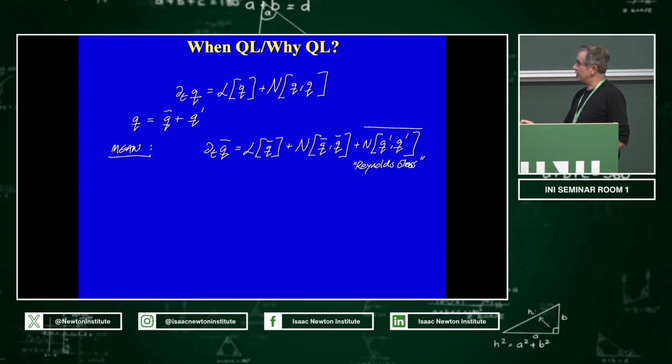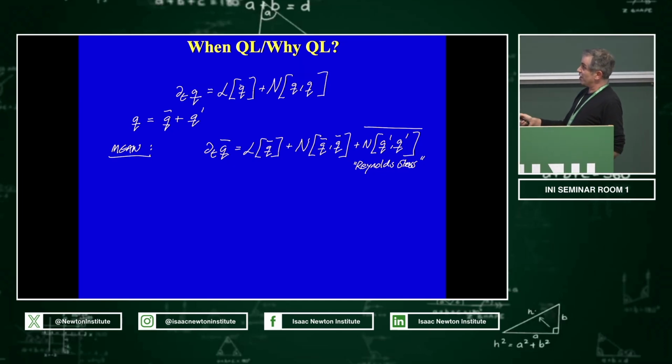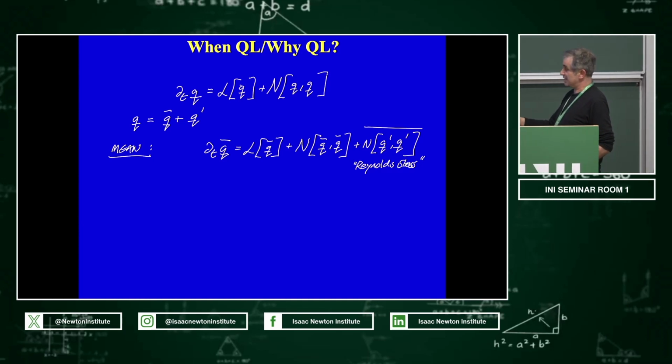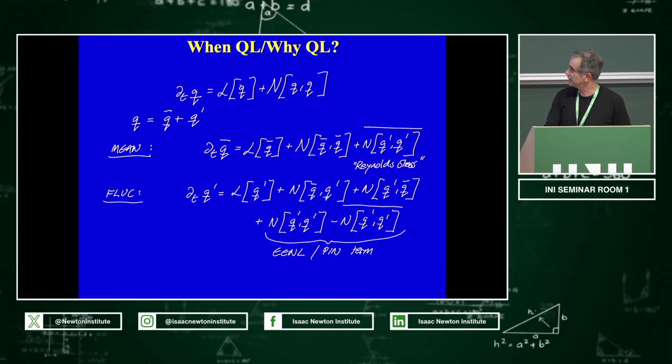You write down an equation for the mean, and so you get an equation that looks like the evolution of the mean, the linear part on the mean, the nonlinear interaction of the mean with itself, and of course the fluctuation projected onto the mean term. If you were doing fluid dynamics, this would be the Reynolds stress. If you're doing electrodynamics, it'd be the EMF.